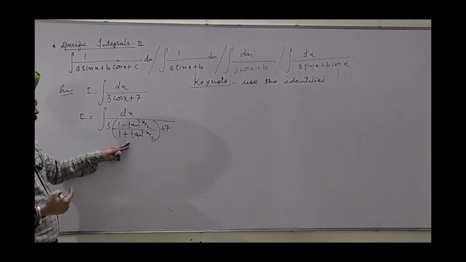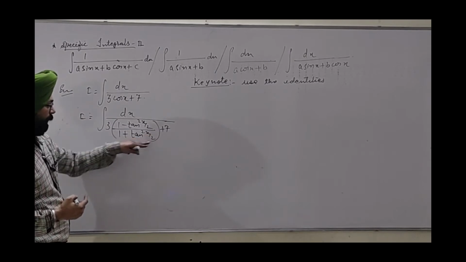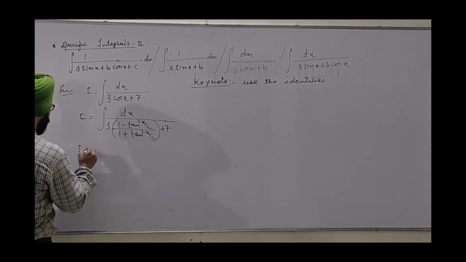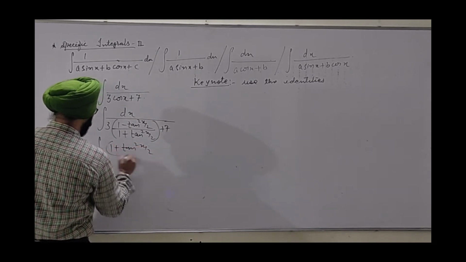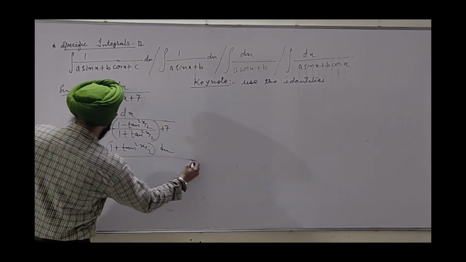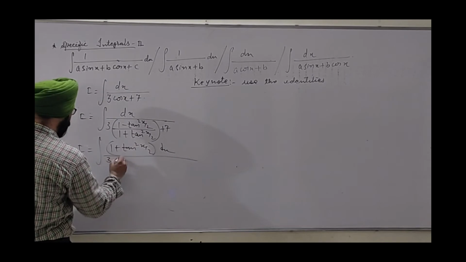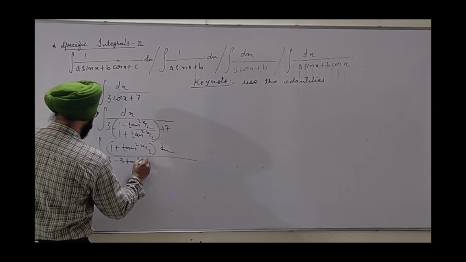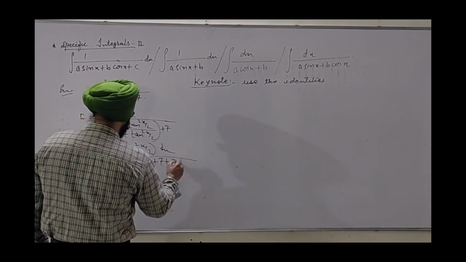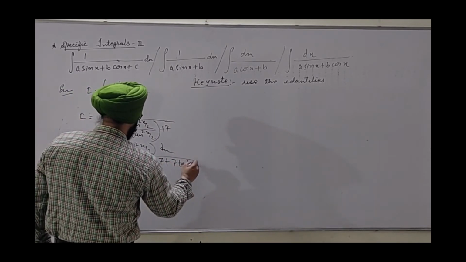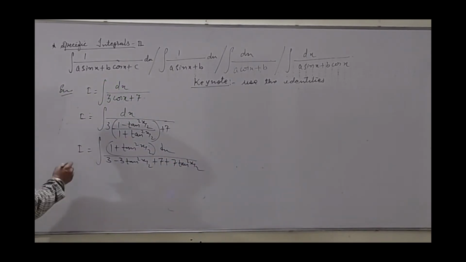LCM will be taken. This denominator multiplied to 7 and goes up. So we will write 1 plus tan square x by 2 dx upon 3 multiplied inside 3 minus 3 tan square x by 2 plus 7 multiplied to these terms 7 plus 7 tan square x by 2.